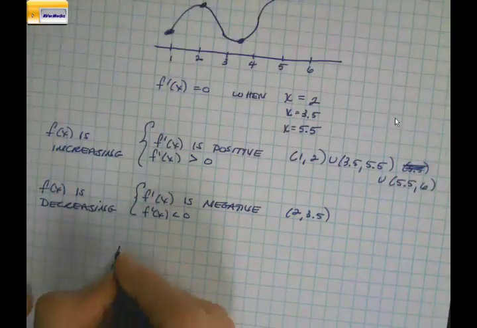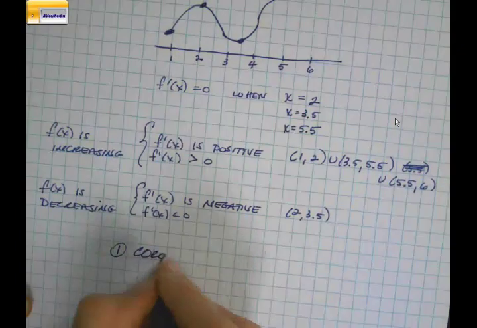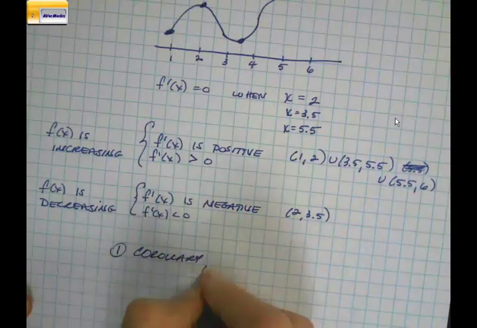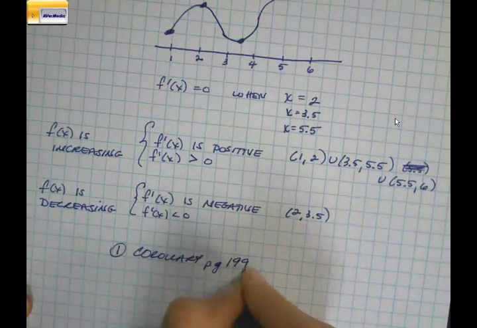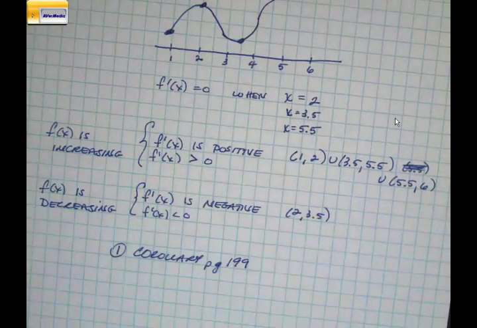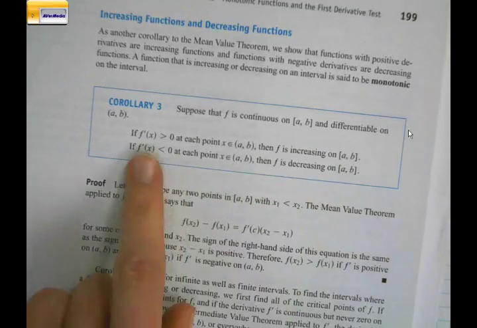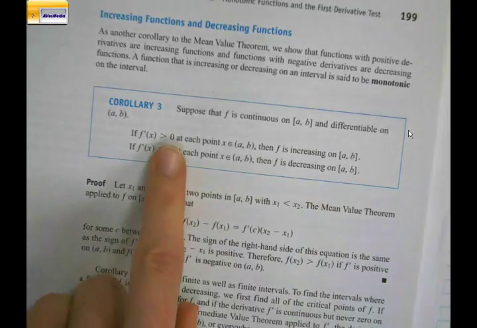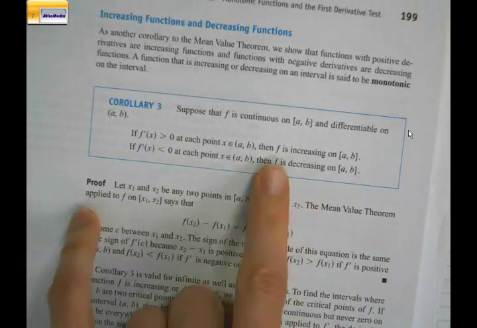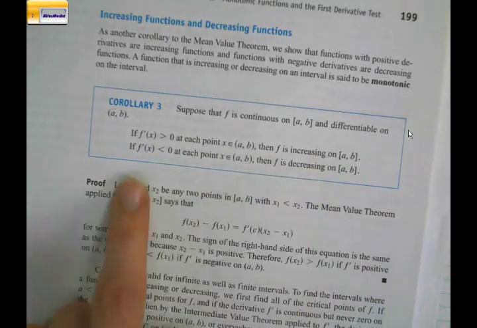Now, there's a big corollary that says this on page 199. And now that we've determined how it works, this will make sense without even having to write it down. It says, given that f is continuous and differentiable, when the first derivative is greater than 0, when all the slopes of the tangent lines are positive, then f, the original function, is increasing.